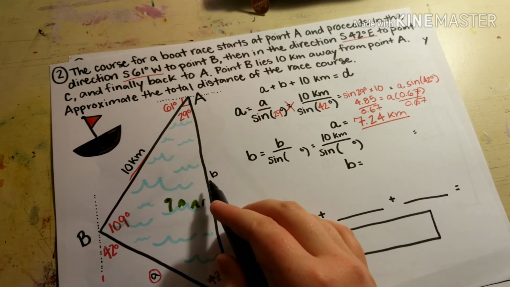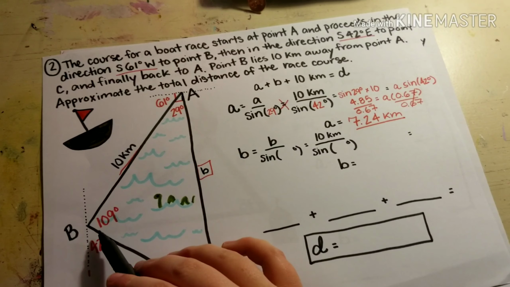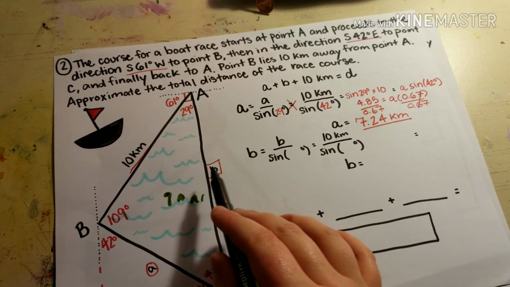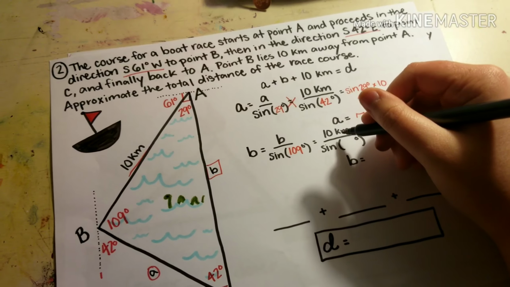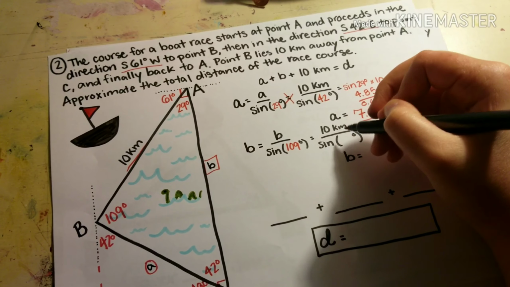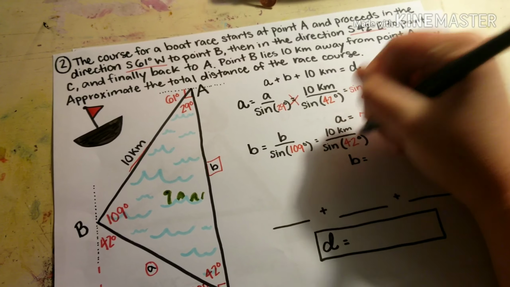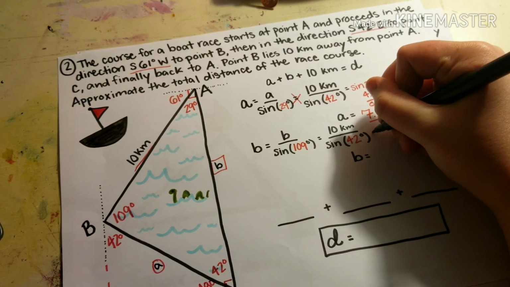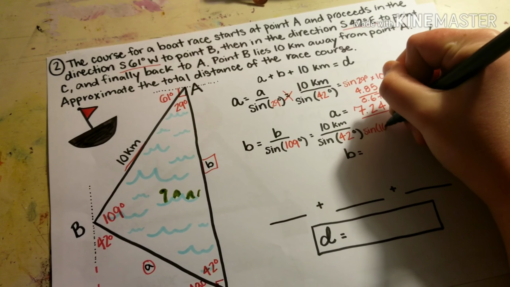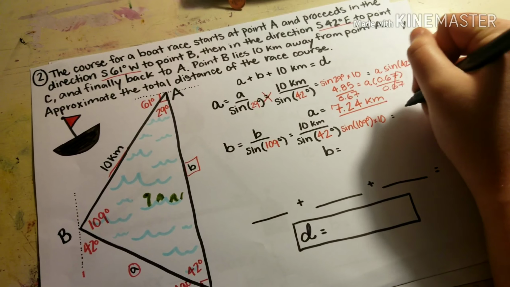And then to find B over here, you would take the corresponding angle to the side, which is 109. And then just like up here, your 42-degree angle goes with the 10 kilometers. So that would give you the sine of 109 degrees times 10.